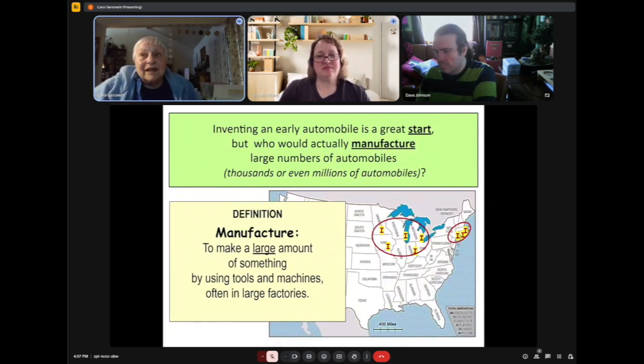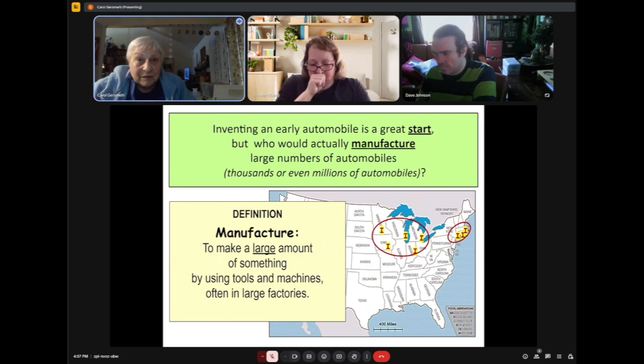Inventing something is different from actually manufacturing, where manufacture refers to making a large amount of something, not just one that works, but hundreds and thousands, and in the case of Mr. Ford, millions of cars that worked.